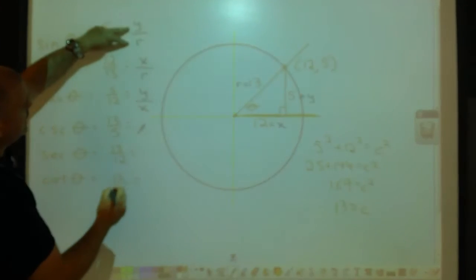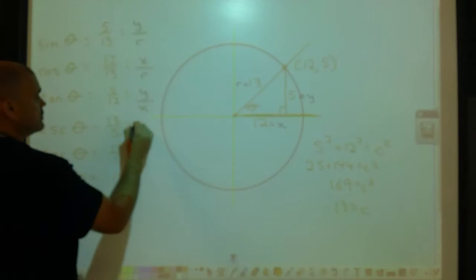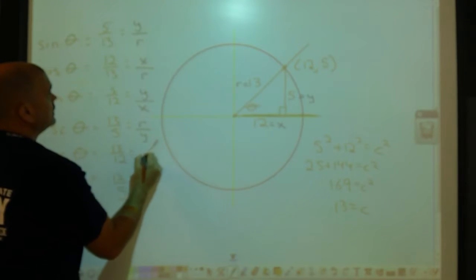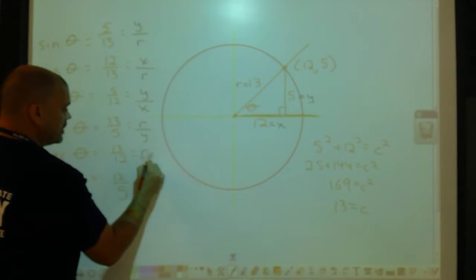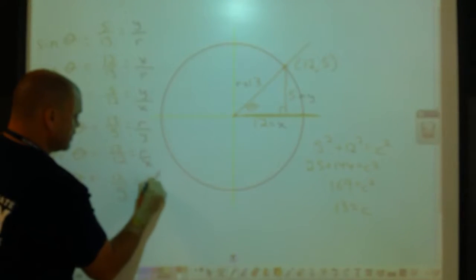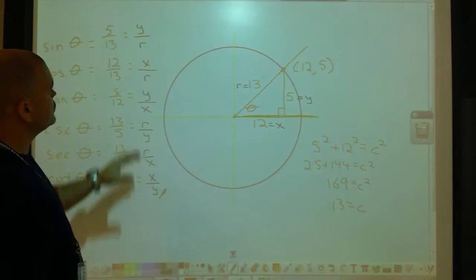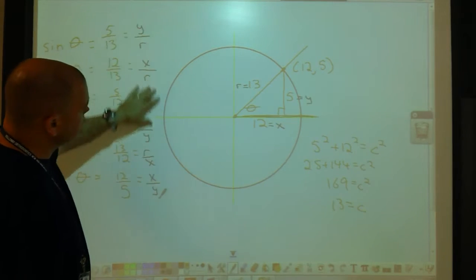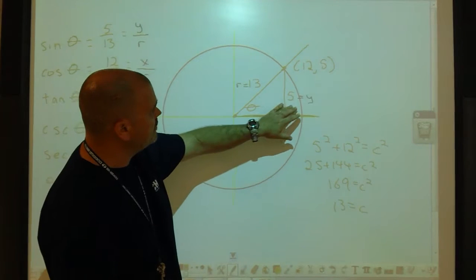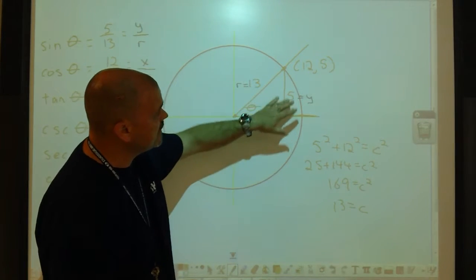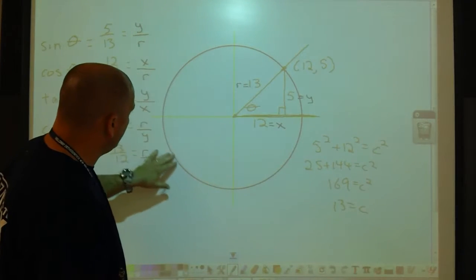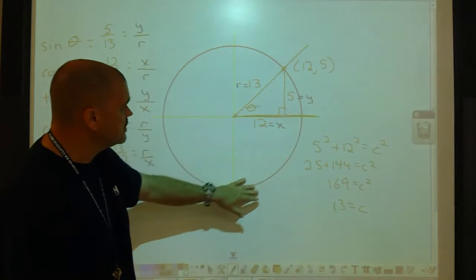And then, of course, we have the first cousins, which are reciprocals: r over y, r over x, and x over y. So what we see here is we can generalize all of these values and not just have 5, 12, 13. We could have any point along the circumference of this circle.